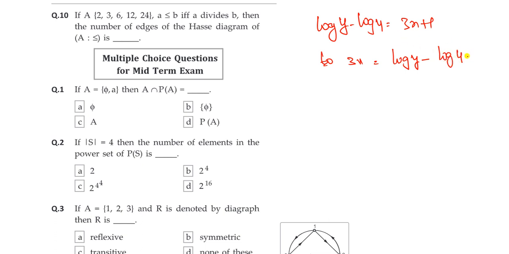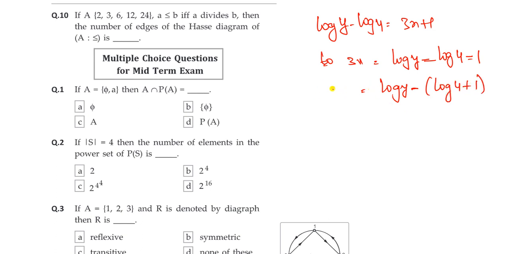So we have log y minus log 4 equals 3x plus 1. Now moving the 1 across, 3x equals log y minus log 4 minus 1. Taking the minus common, 3x equals minus of log 4 plus 1.